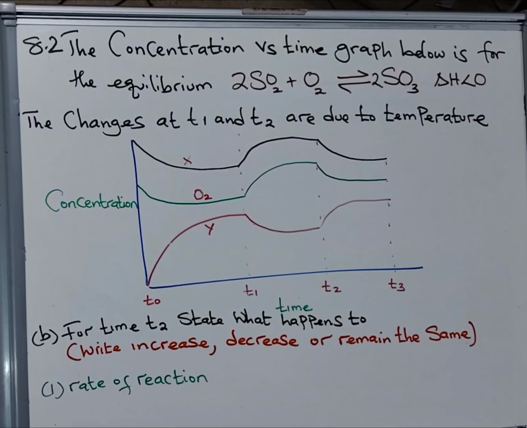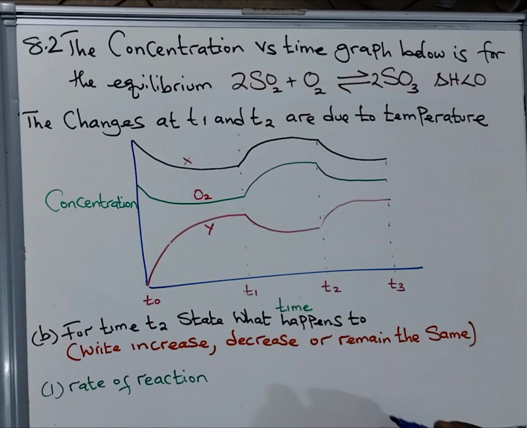Then comes this question. It says that for time T2, state what happens to 1. Rate of reaction. You write increase, decrease, or remain the same. How do you go about that?